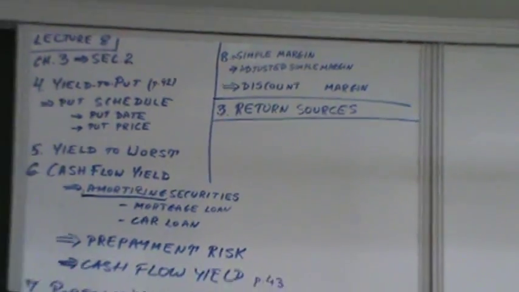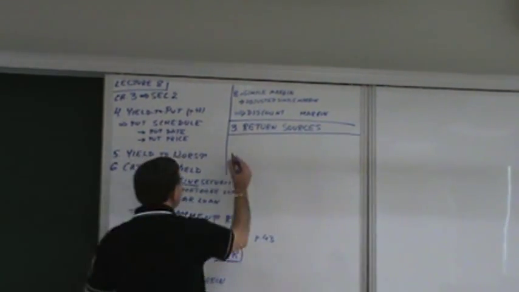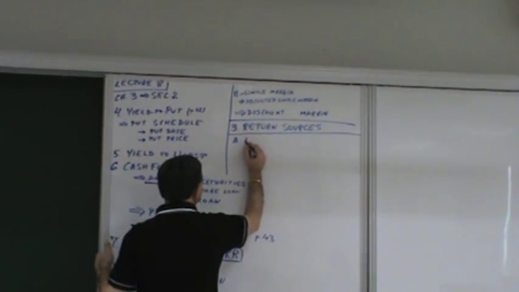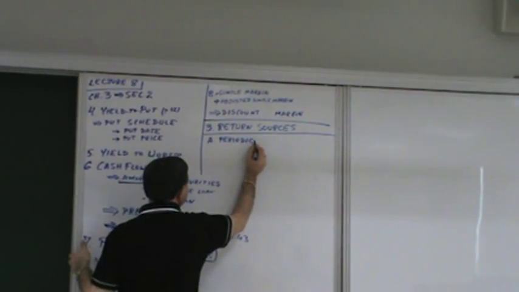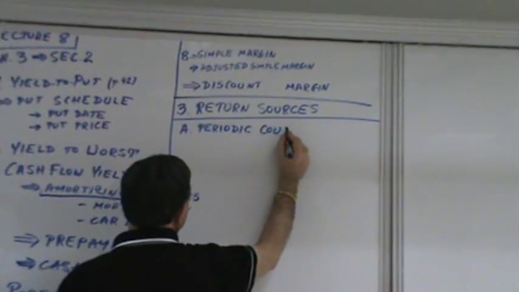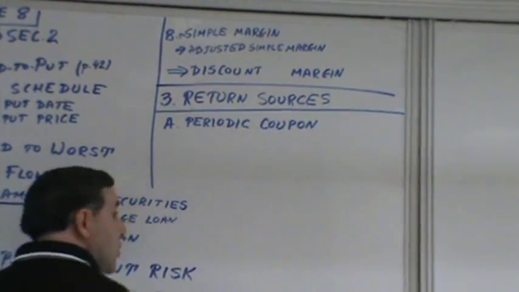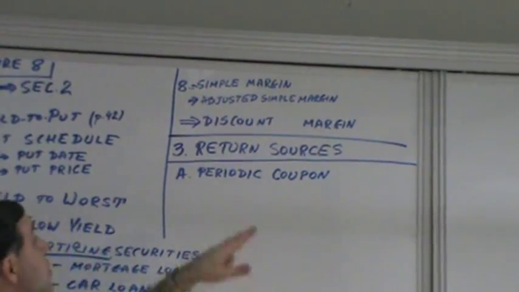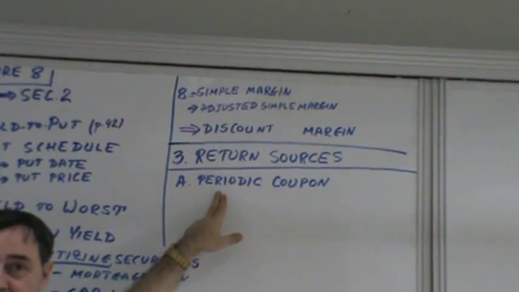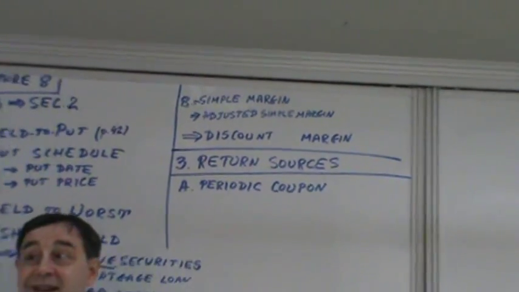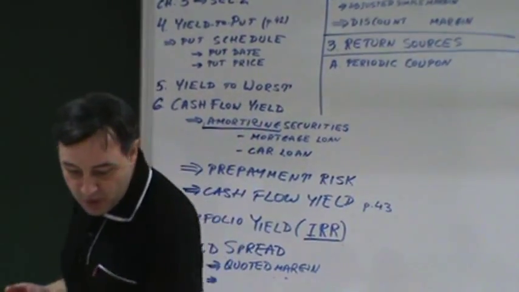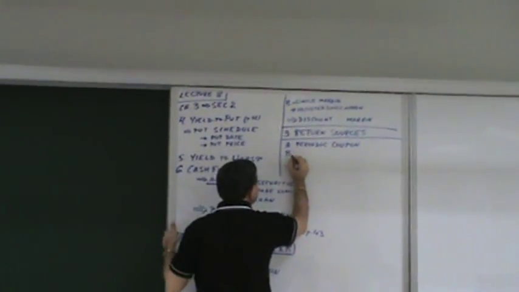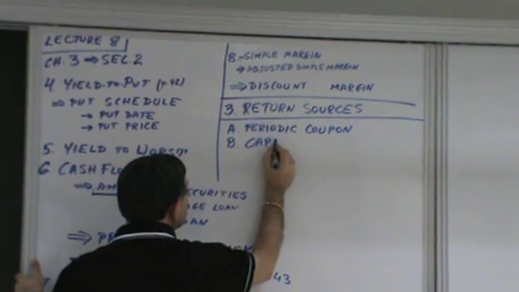Number one, you get money from the periodic coupon. So if you invest in a bond, you always get income, meaning cash flow from your periodic coupon. That's number one. Number two, or B, is capital gain.